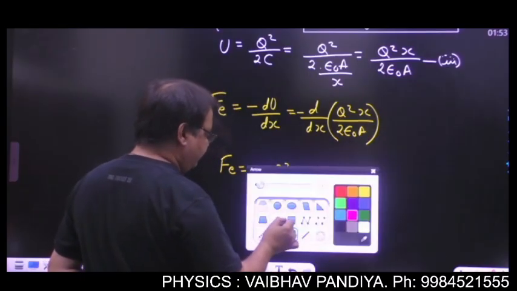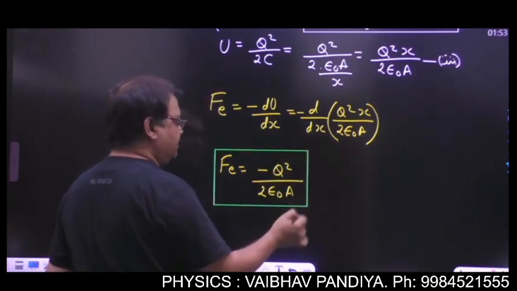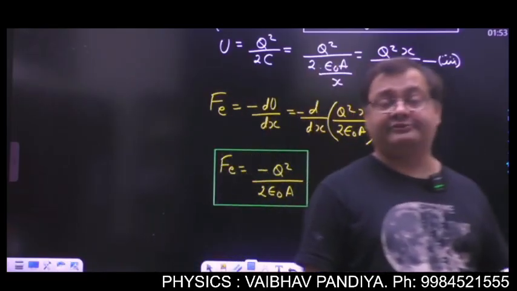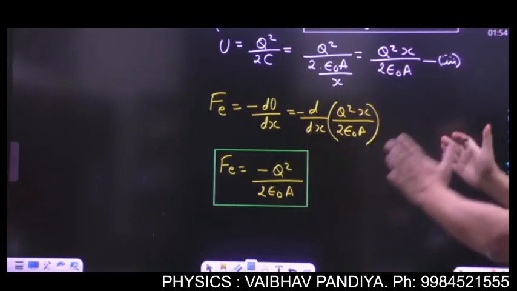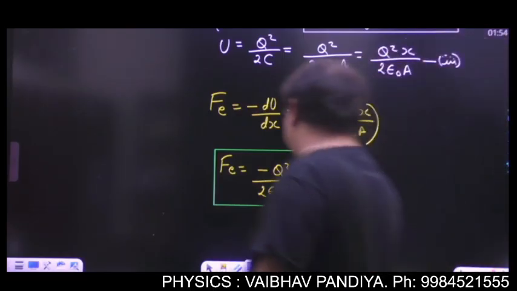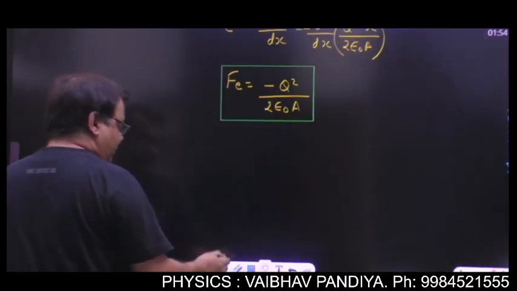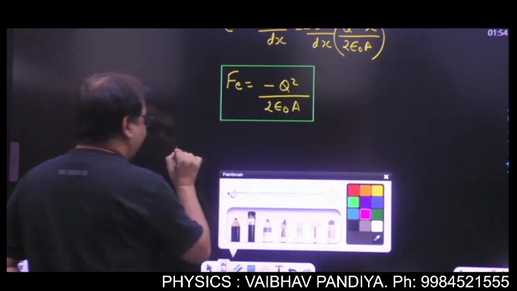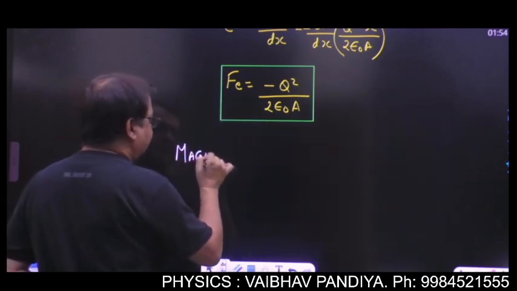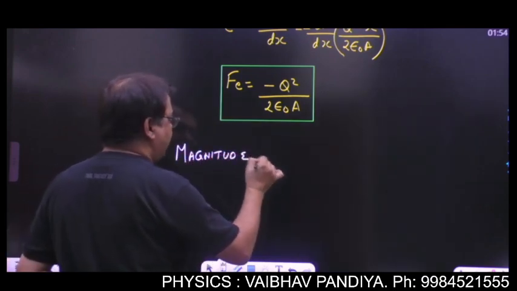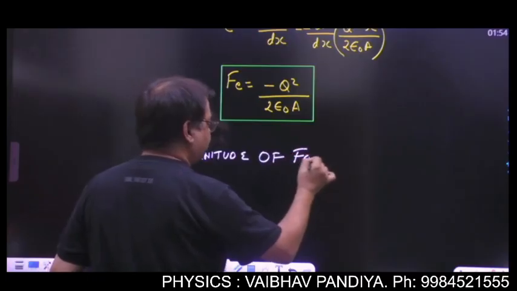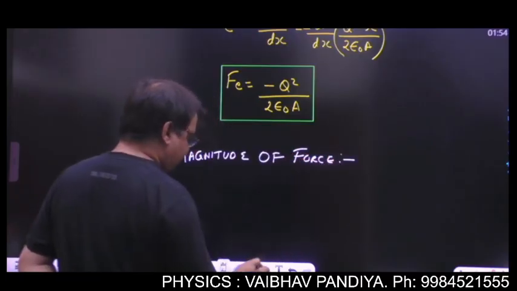So this is the expression for the force acting between the plates, Q square by 2 epsilon naught A, okay? So we got the expression for the force acting between the plates. If you simply want to write the magnitude of the force, we will ignore the minus sign. Magnitude of force, okay? So ignore the negative sign.